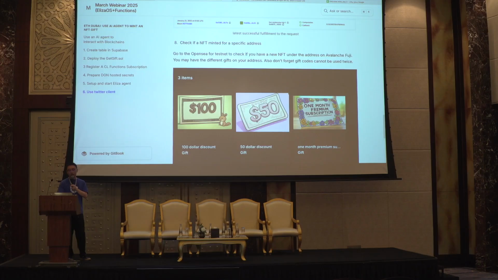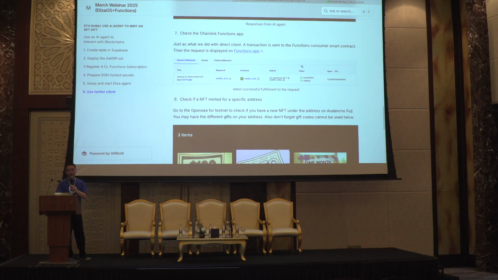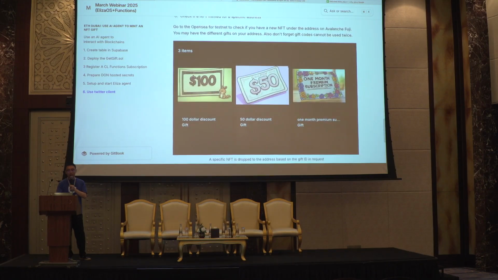Next, you can check if this request is good in the Chainlink Functions UI. And finally, if everything is valid, you will see that the NFT is minted for your address.